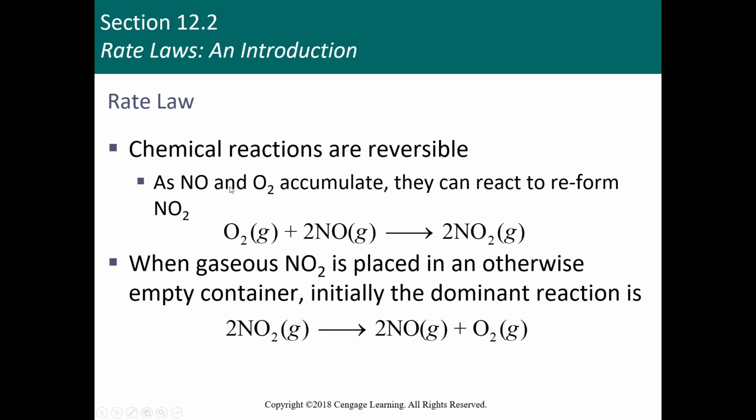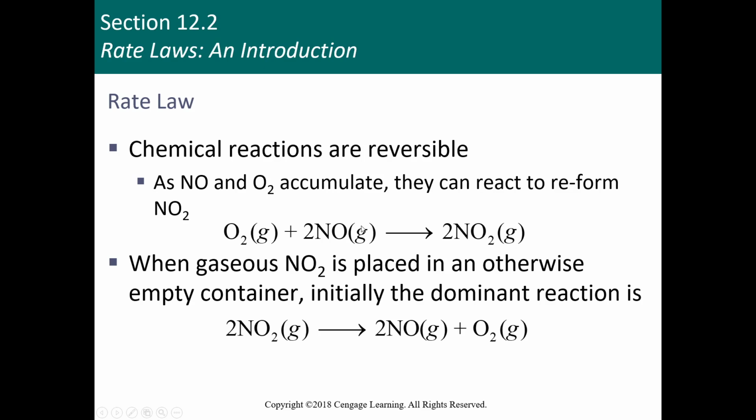So NO and O2, as they accumulate, they can actually do the reformation reaction. They can reform to make NO2. Remember when I said we're going to go on to another section where we'll have the reaction going in the reverse? Here it is. All right, so as you make O2 and NO, these are going to start reacting.